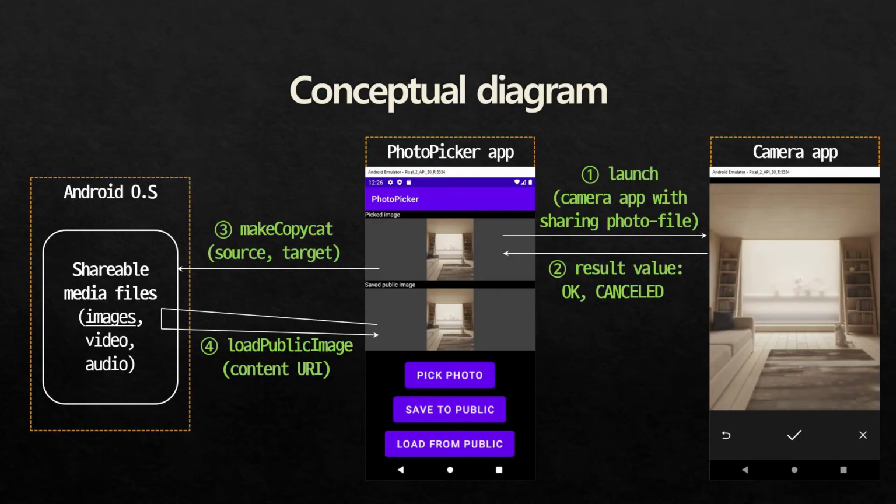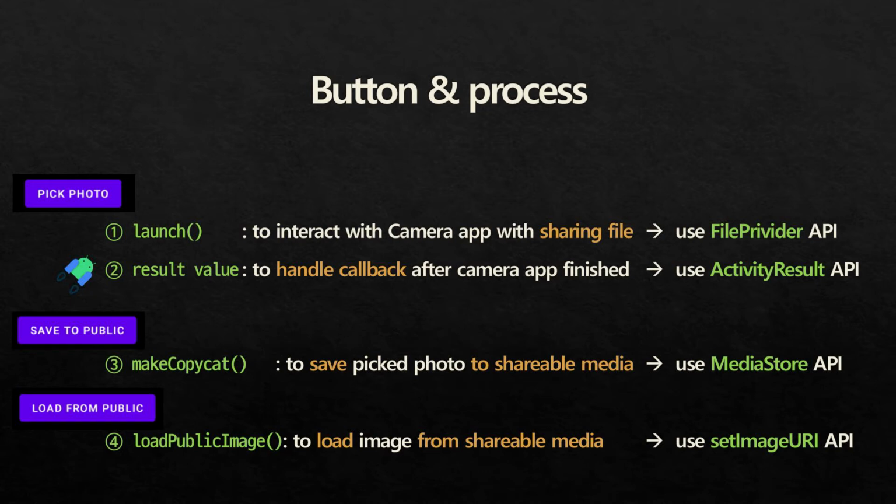This app supports Android 5 to 11. The PhotoPicker app interacts with the camera app to capture a photo, saves the captured photo to the public storage, and loads the photo. Shall we take a look at the key function of each button? Pick photo.